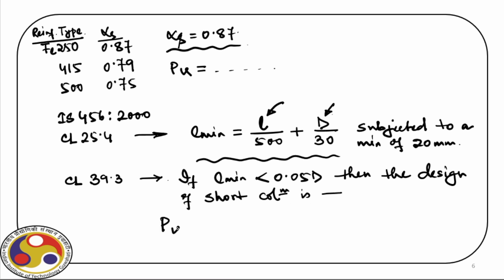So, Pu is equal to 0.4 FCK times AC plus 0.67 Fy times AS. So, this is equation number 2.